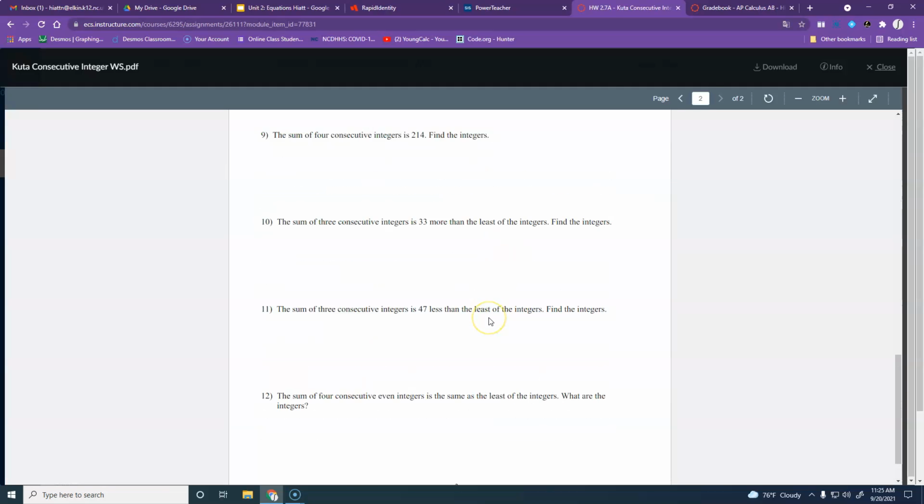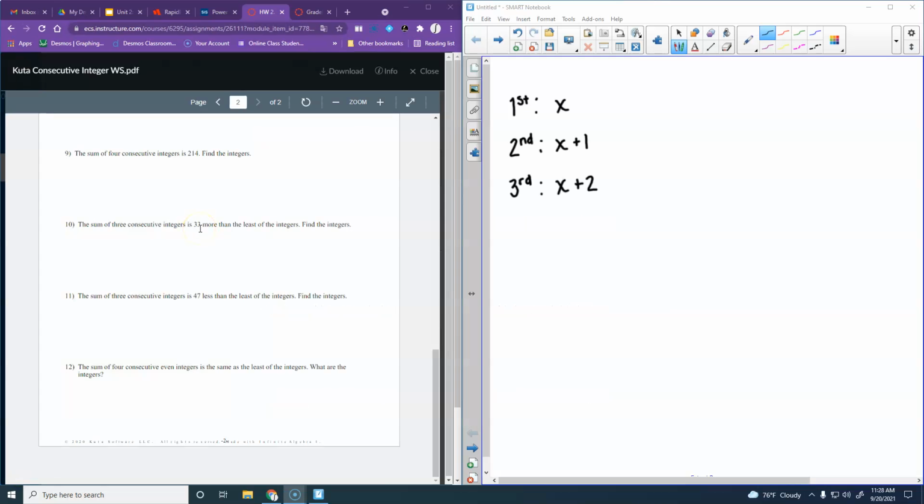And I want you guys to try number 10. Number 10 starts getting crazy. Yeah, there's the back of this one. 33 more than the least of the integers.